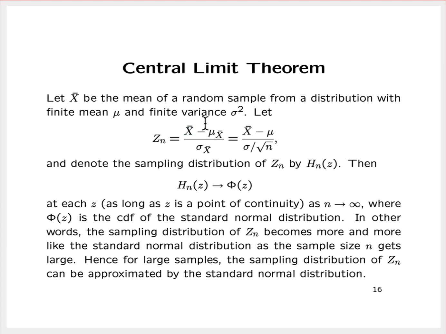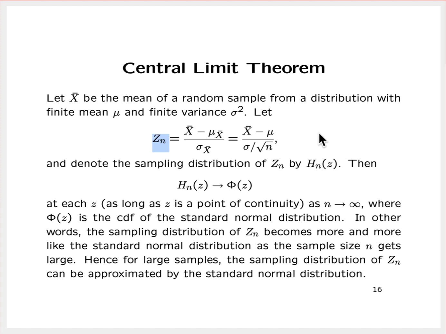So we're going to take x bar and from it subtract the mean of its sampling distribution, mu sub x bar, and divide the difference by the standard error of x bar, which is the standard deviation of its sampling distribution. Expressed in terms of what these values are equal to, z sub n is equal to the sample mean minus mu, the mean of the population we're sampling from, divided by sigma over the square root of the sample size.